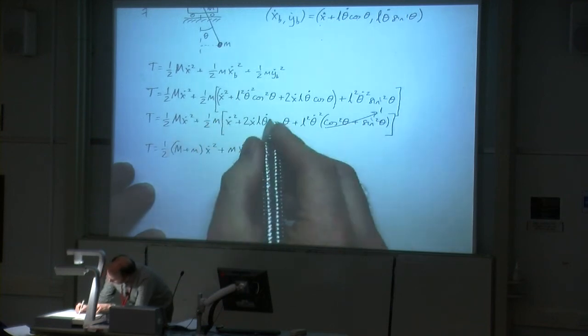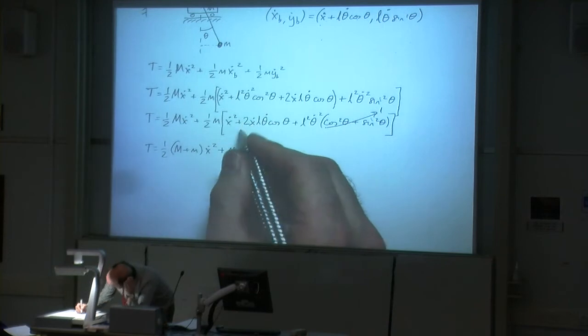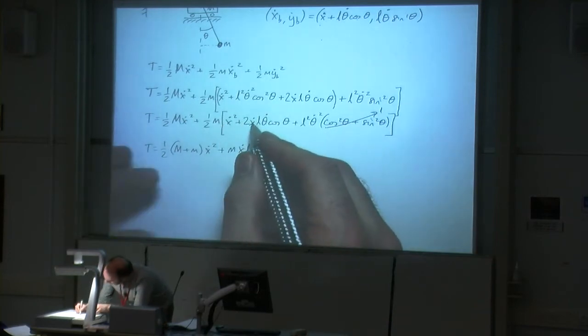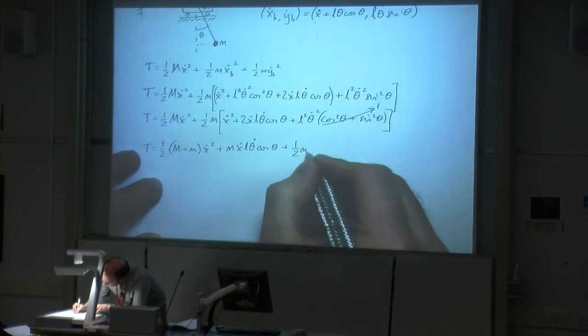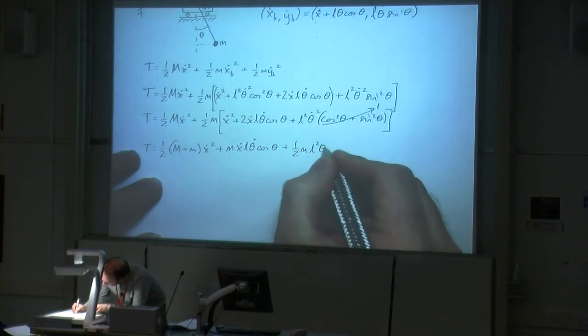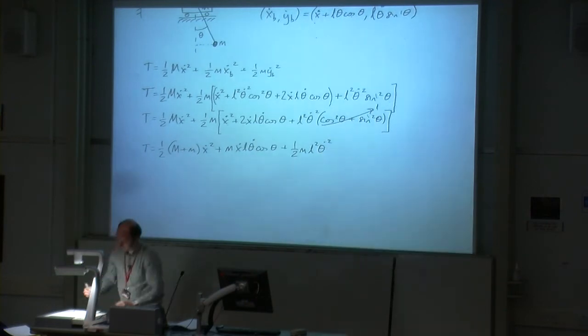So the 1/2 m has come in here. Half times 2 is 1, and m times this bit. And then plus 1/2 m L squared theta dot squared. There is T.